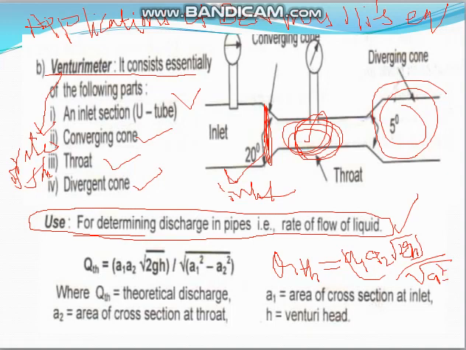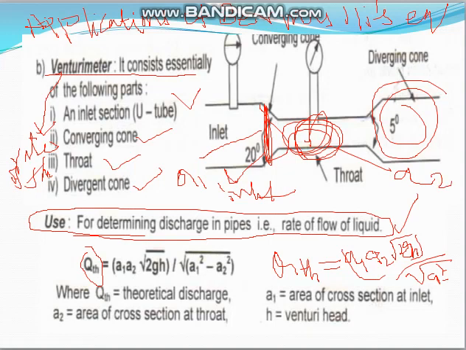Here QTH is nothing but the theoretical discharge. A1 is the area of cross section at inlet. This is the inlet cross sectional area. A2 is the area of the cross section of the throat. So this will be the A1, and this will be the A2.